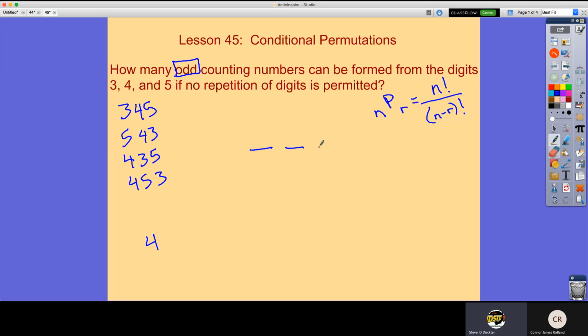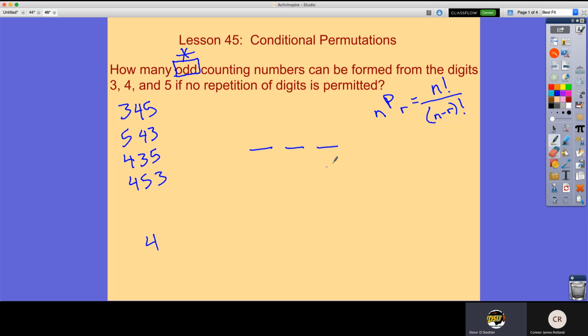Okay, what we know for sure here is we know that there's going to be a 3-digit number here. And what we know for sure is, I already said this is the most important word in that entire problem. Okay, how do we tell that something is odd? This digit right here has to be odd.